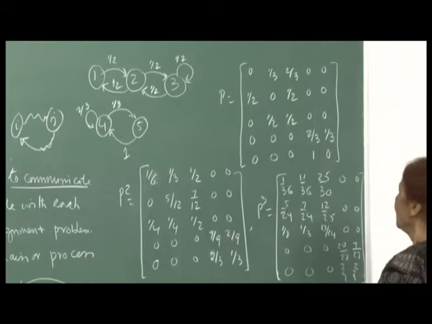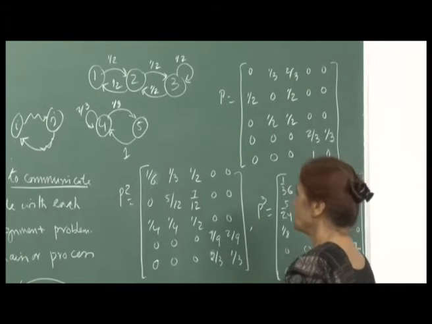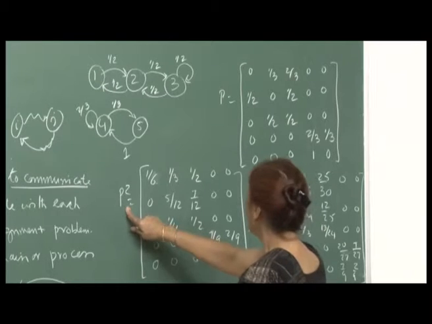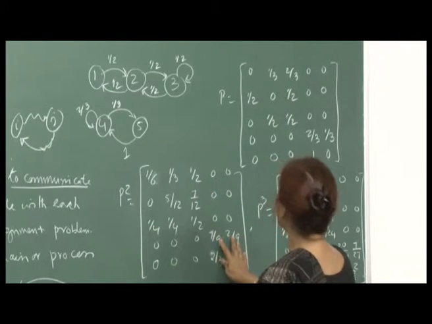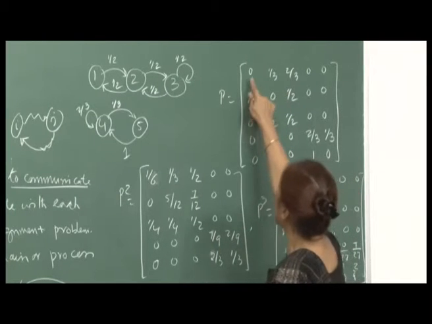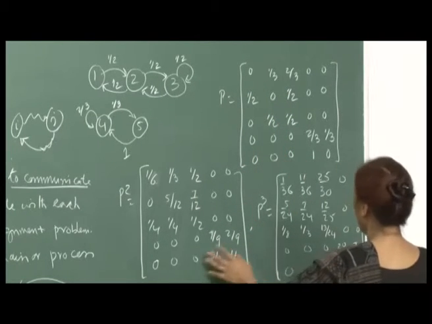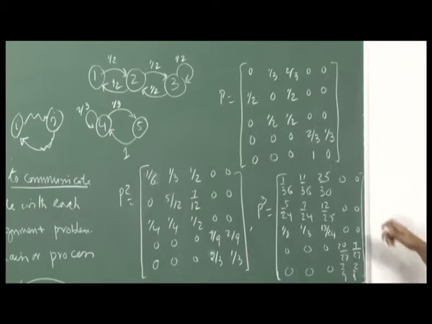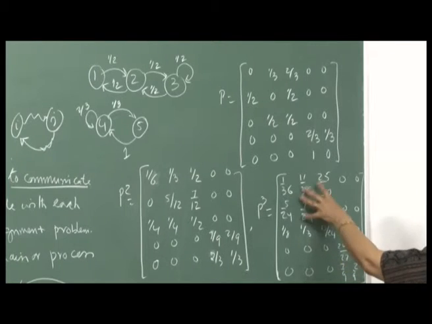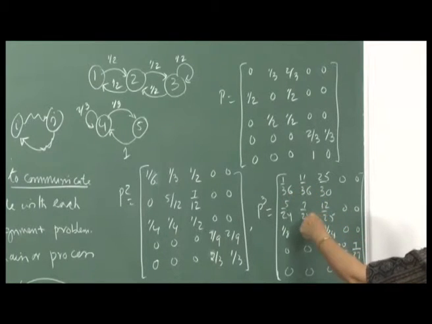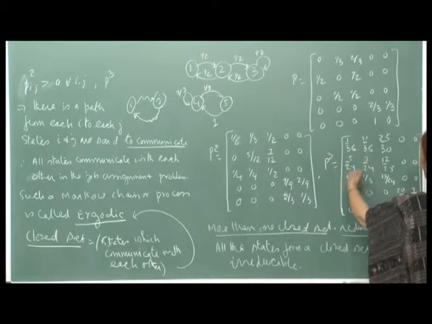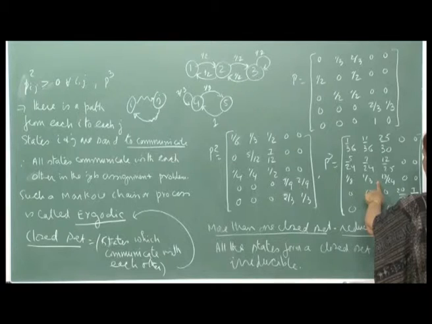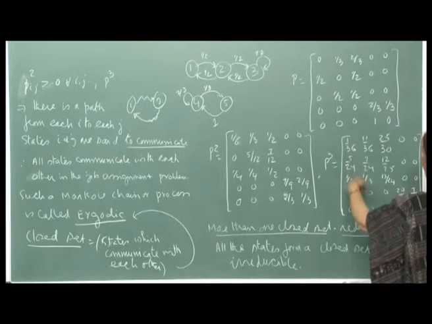So, these are the zeros, and let us see what happens when we take the second power, that means P square. These zeros remain intact, while these probabilities change, right. Some zeros may go away, but then again when you take P3 these zeros do not go away. So, now you can say that for the closed set 1, 2, 3, you have a path from each node to the other 2 nodes, because these are all positive, right.